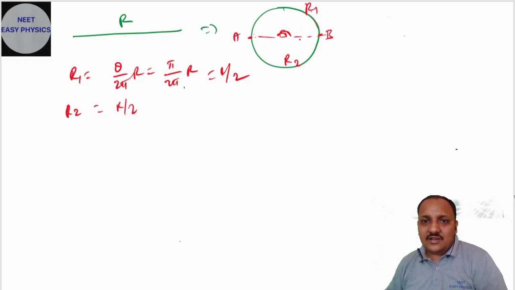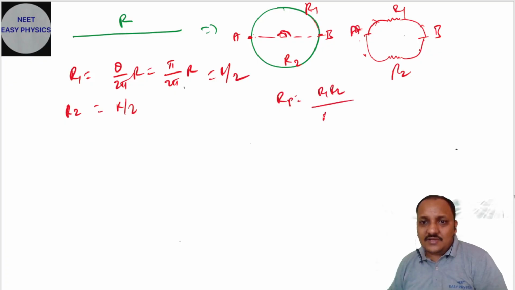Therefore, how are R1 and R2 connected? R1 is connected to A and to B. R2 is also connected to A and B. Both ends are connected to A and B. Therefore, these two are connected in parallel. Parallel means what is our formula? Rp is R1 R2 by R1 plus R2.